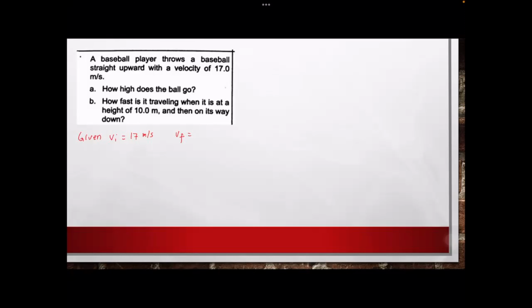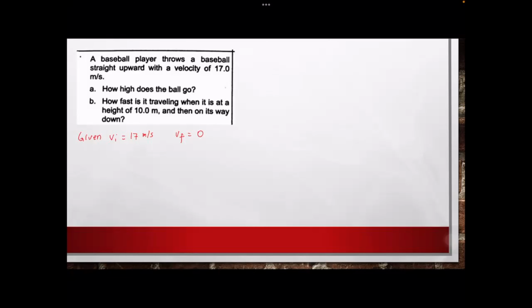Remember the past. 0, sir. Okay, it turned into 0. Kasi na-reach na niya yung maximum height niya. So therefore, the final velocity will be equal to 0.